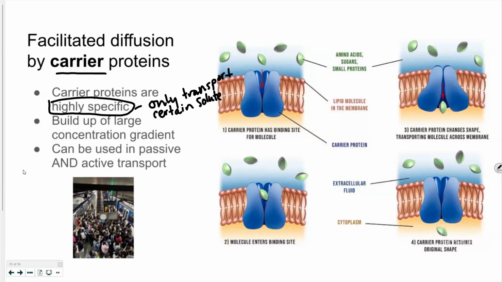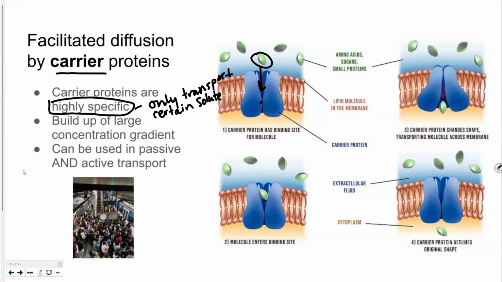So they'll only bind with certain stuff. So what a carrier protein is going to be doing is we're going to have this solute come and land in that pocket. This time this channel is completely closed.